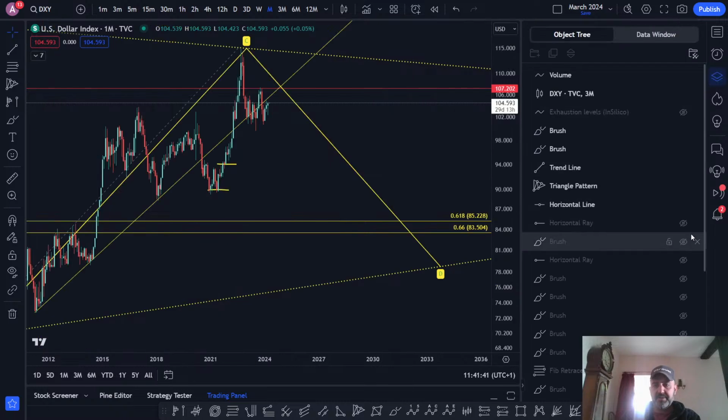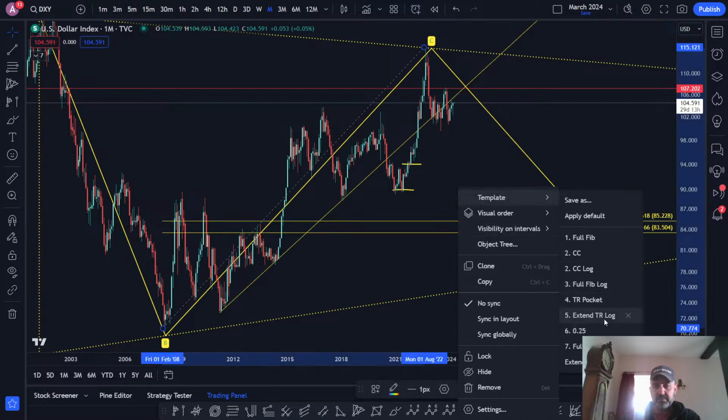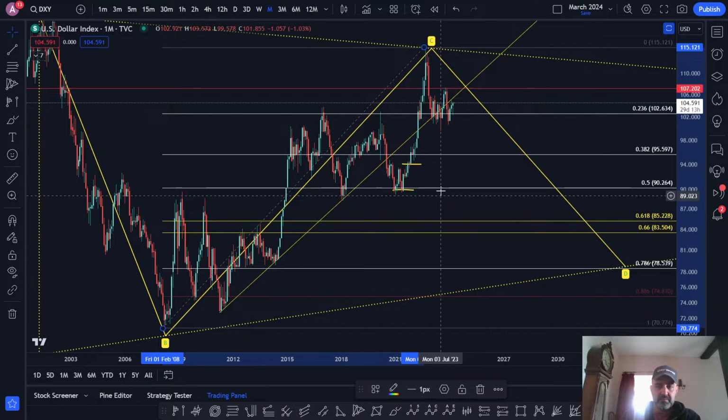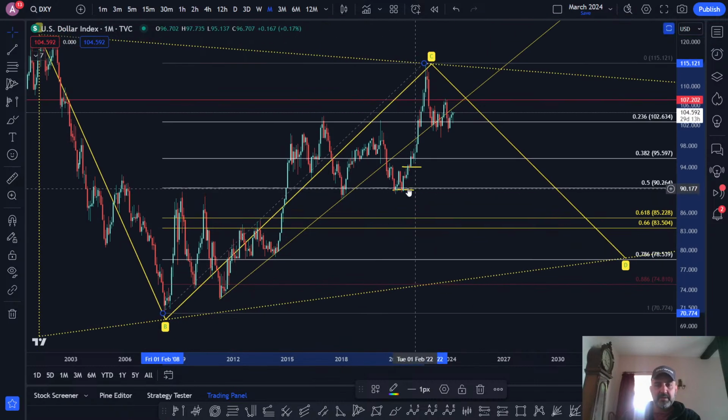If I coincide that with some kind of fib level, I've got it here. Let me see. Fib. 50% mark. I think the 50% mark is probably the area of interest, because you're coming into these lows here with some important levels.